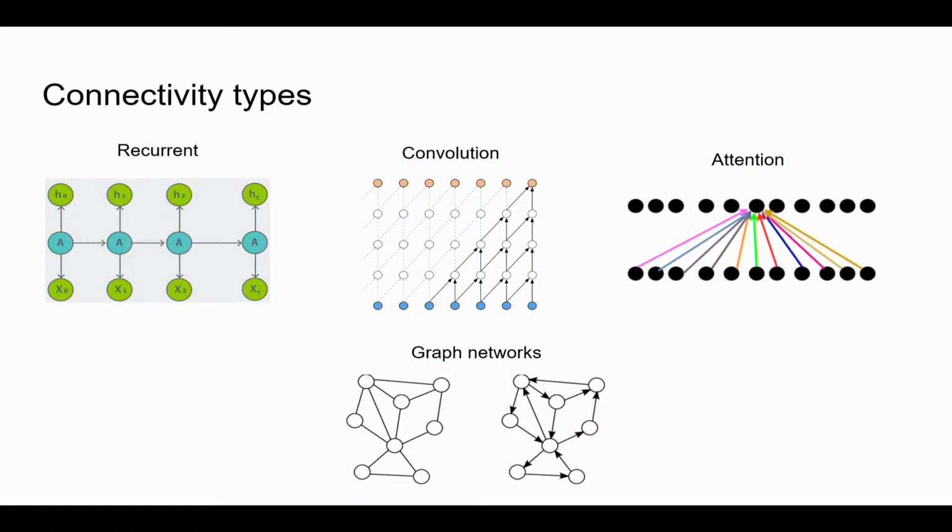Attention is slightly different from all the other mechanisms, because by itself, attention doesn't specify any ordering or any relations in the data. I have some output, and it looks at all the other inputs, and it doesn't care if this one is closer than that one.